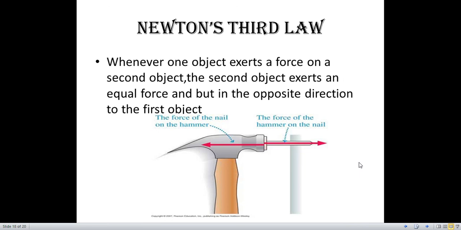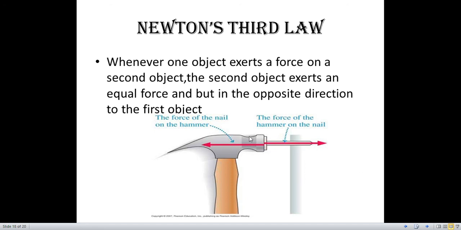In terms of Newton's third law, it states that whenever an object exerts a force on a second object, the second object exerts an equal force but in the opposite direction on the first object. For example, you have somebody hammering a nail, and the nail actually exerts the same force in the opposite direction.